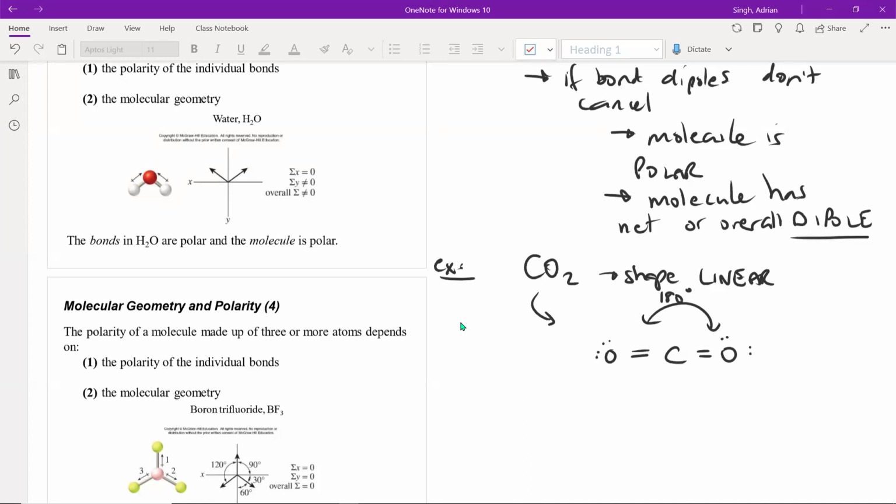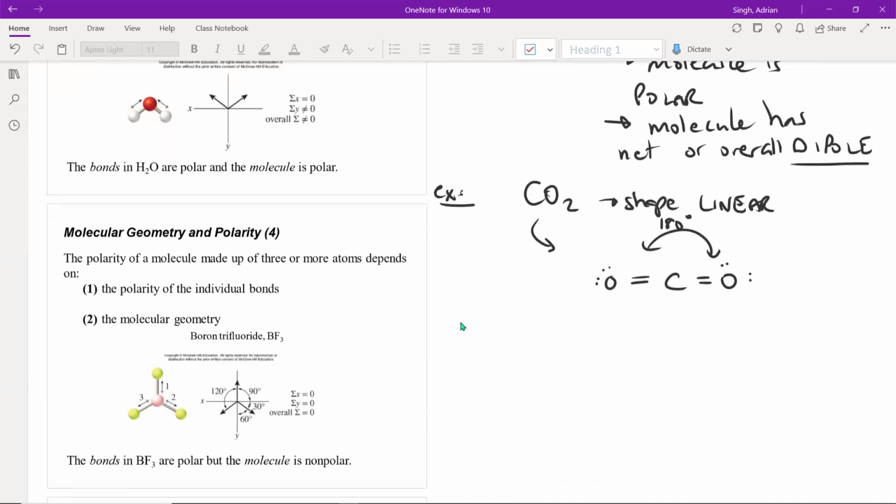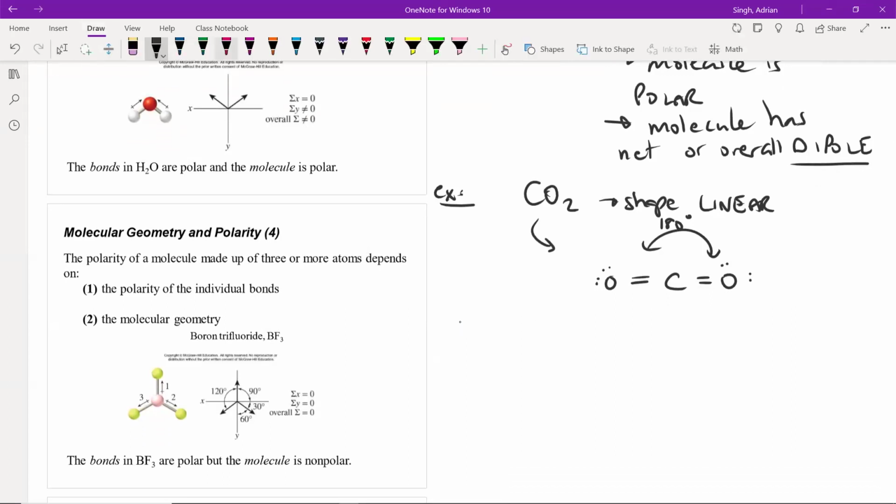So when we consider now the polarity of the individual bonds based on differences in electronegativity, we know that the carbon-oxygen bond, this bond here, is a polar bond, and the carbon-oxygen bond on the other side is also a polar bond. We know because oxygen is more electronegative that that bond dipole is going to be in that general direction, and then we have a bond dipole going in the other direction as well.